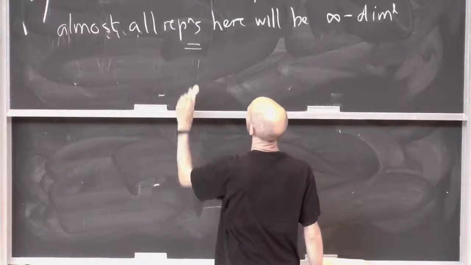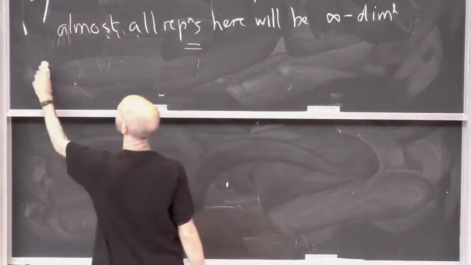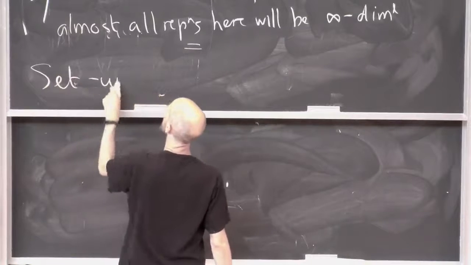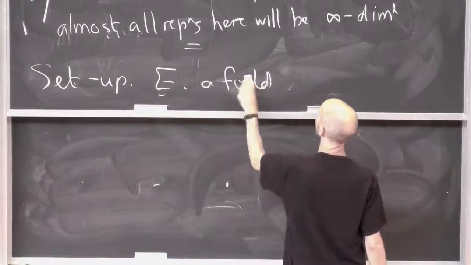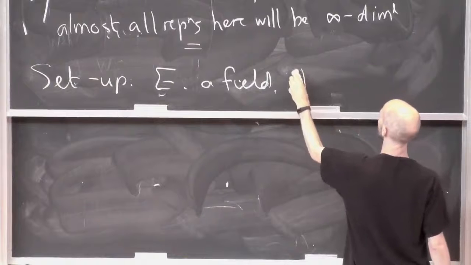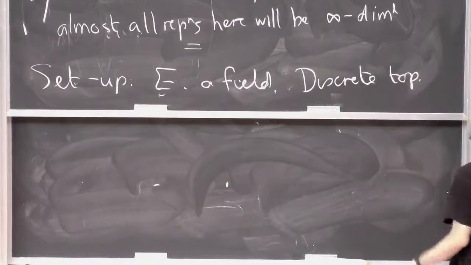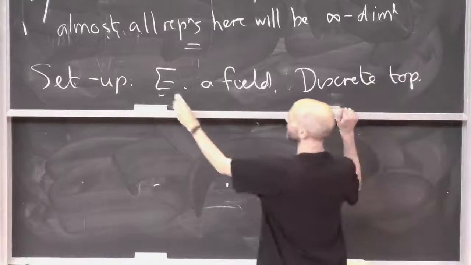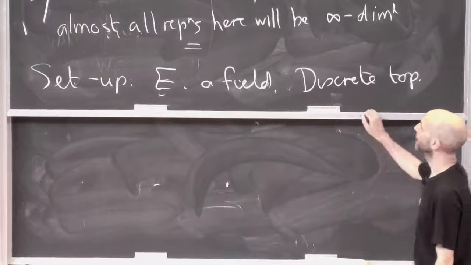Right. So as ever, we want E a field. And again, let's put the discrete topology, right? Discrete topology. For Weil-Deligne representations, E had to have characteristic 0 because I needed to make sense of the norm of something.